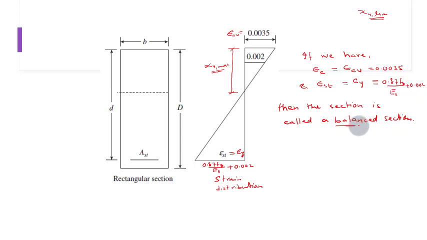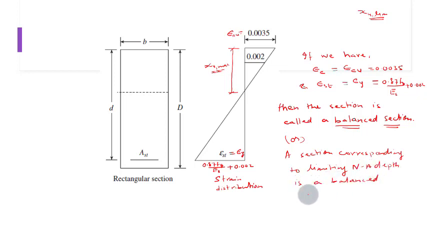So what is a balanced section? A section in which the strain in concrete reaches its ultimate value and strain in steel reaches yield strain simultaneously. Okay, or you can say a section corresponding to limiting neutral axis is a balanced section.